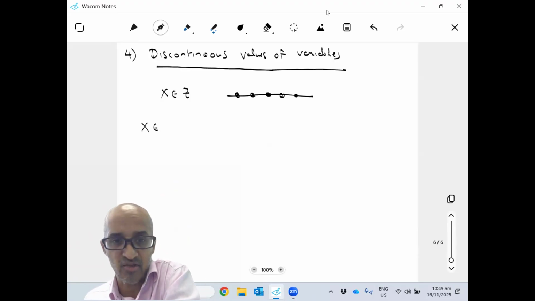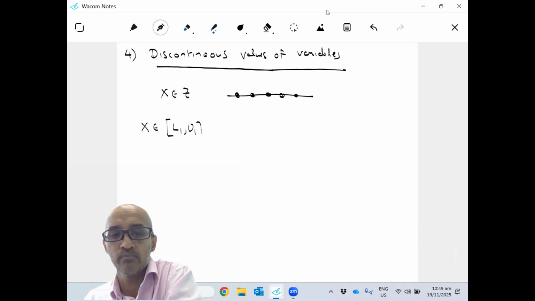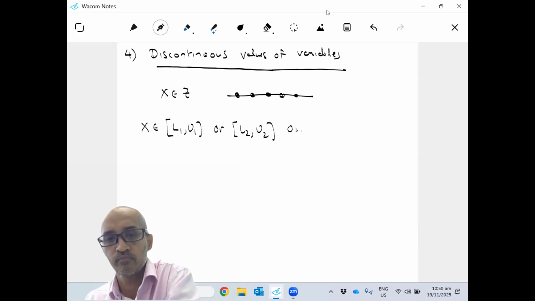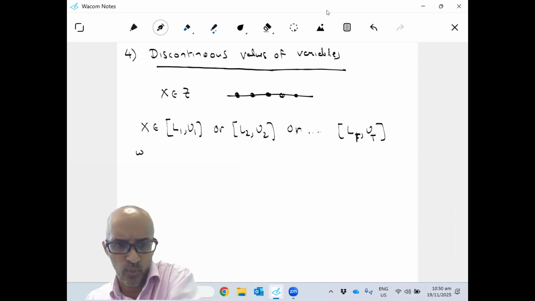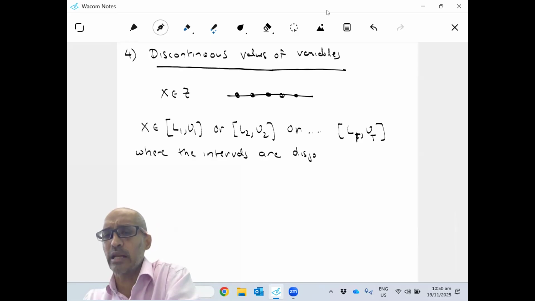What I mean by this is, let's say x takes values between L1 and U1, or L2 and U2, or let's say LT and UT, where the intervals are disjoint. So let's say I've got a variable.